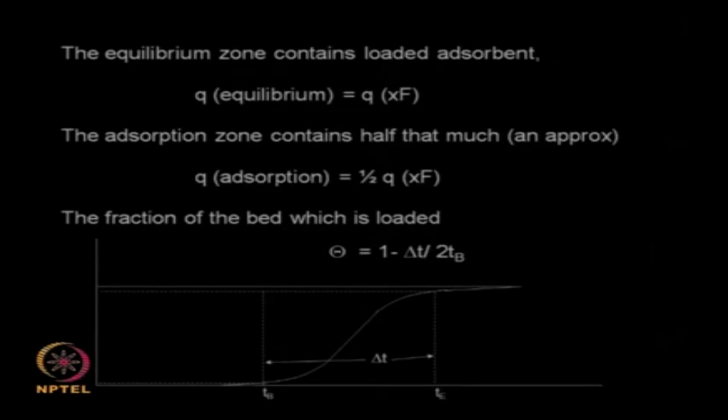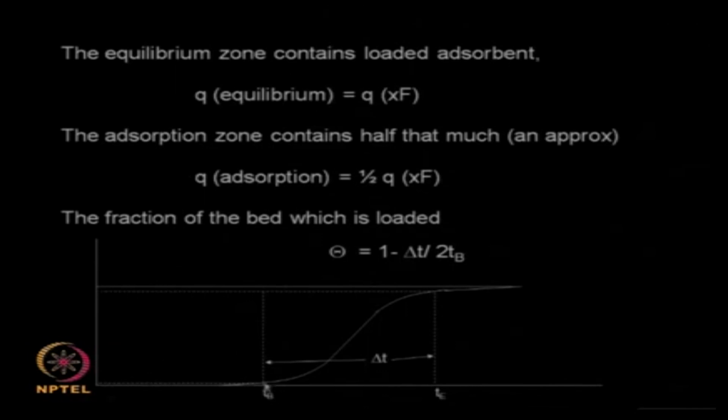So instead of using a very complicated partial differential equation which we showed a couple of slides back, which contains the diffusion coefficient, d square x by dz square and dx by dt and so on, the whole process can be simplified based on the breakthrough.